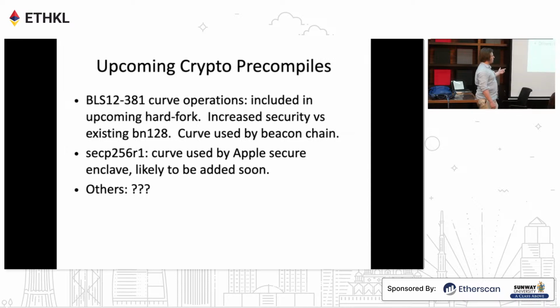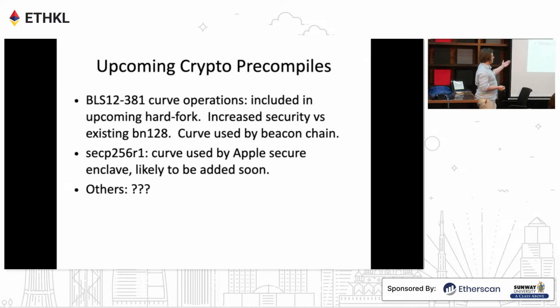This has kind of been in the works for 5 years, and people want curves with better security. And also, supposedly, this will help facilitate some new use cases because the beacon chain uses BLS as its curve.